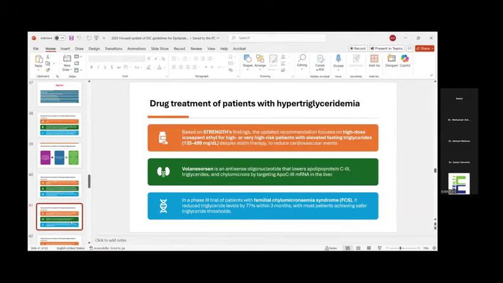So this is the recommended second line after statin for management of hypertriglyceridemia. In patients with elevated fasting triglyceride level between 135 and up to 499, and despite statin therapy, it is recommended to add on icosapent ethyl 2 gram twice daily.